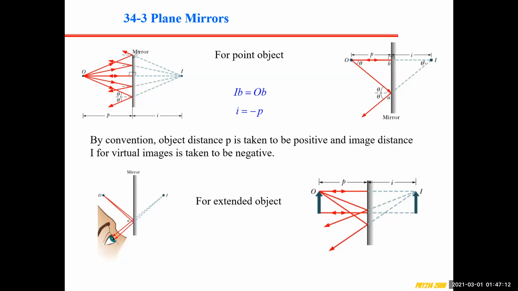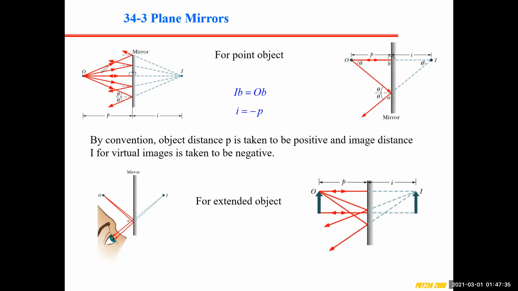If we do a ray tracing, let's start from the middle one. The middle one has light that's incident perpendicular to the surface, because there's no angle, so the angle is 90, so it's going to reflect off the surface without any deviation. Okay, and we can follow another ray, let's say this one.